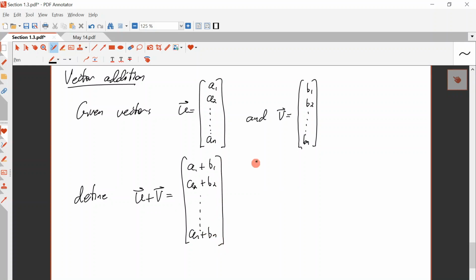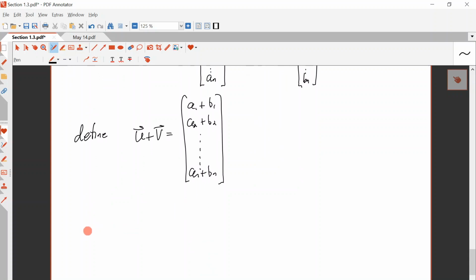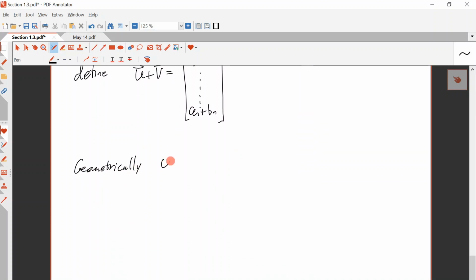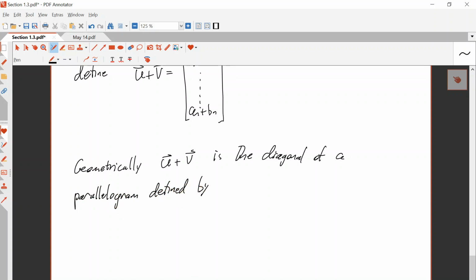Okay, so geometrically, u plus v is the diagonal of a parallelogram defined by u and v.